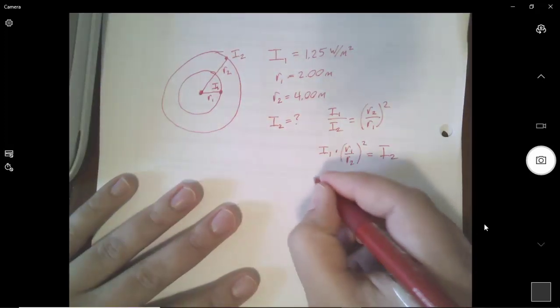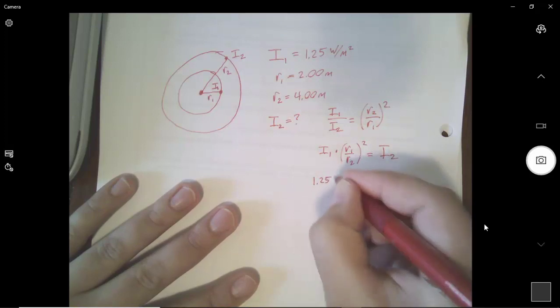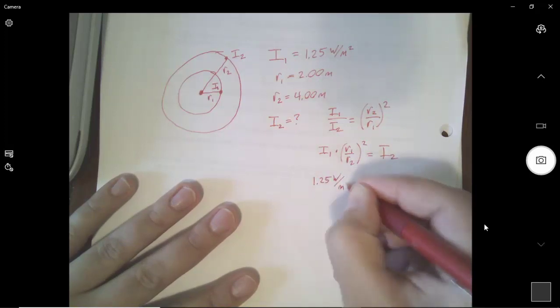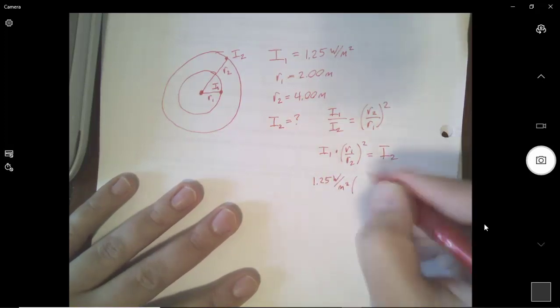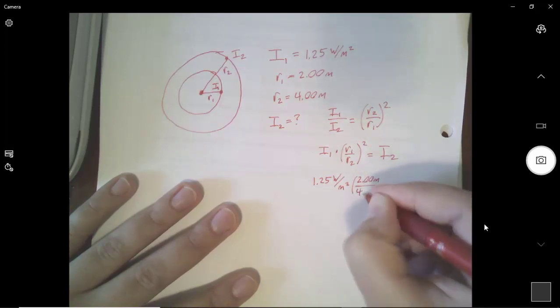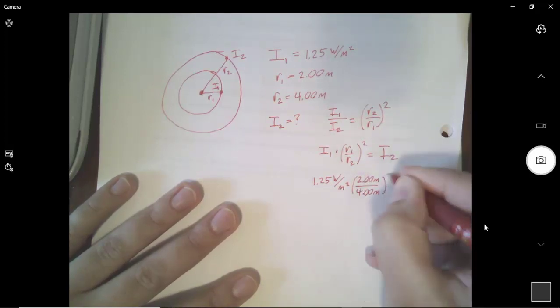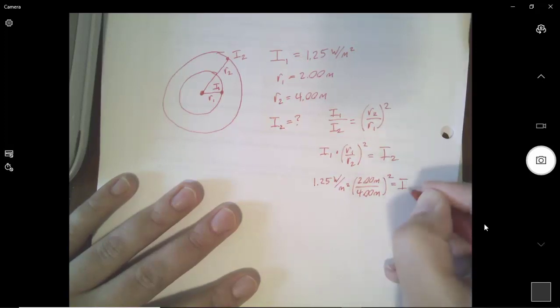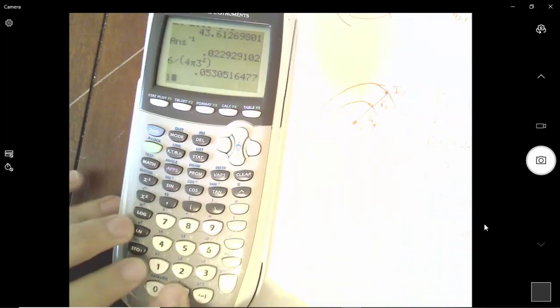And we can plug in our numbers here. So 1.25 watts per meter squared times 2.00 meters over 4.00 meters squared. Of course, I picked a number that does not divide by 4 terribly easy.